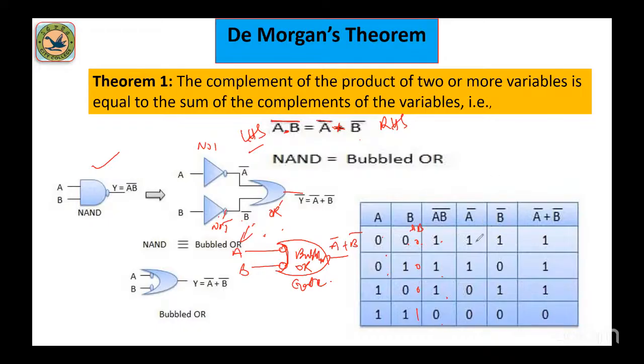Next, A bar plus B bar: A bar is this one, B bar is this one. By adding, 1 plus 1 is 1, 1 plus 0 is 1, 0 plus 1 is 1, 0 plus 0 is 0. So you equate this with the values of this. This is LHS, and this is RHS.